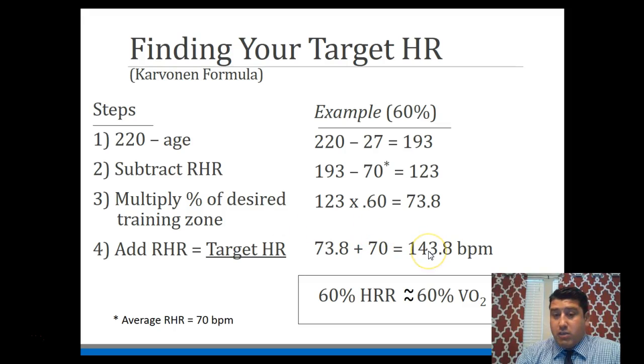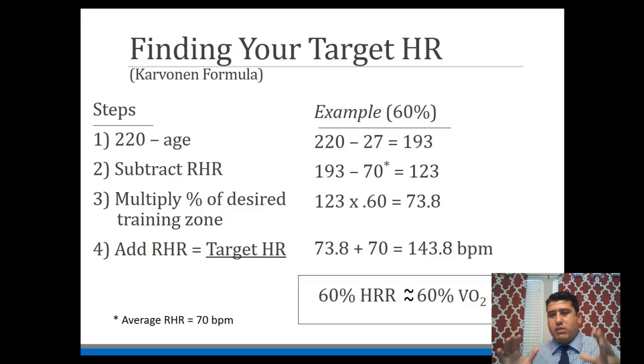Now, in order to determine the upper anchor of that range, you would redo the formula, but instead of multiplying 123 by 0.60, you would multiply 123 times 0.70. Okay, and in this case, the number would be like 83 or 84. Okay, and then you still have to add back the 70, and 84 plus 70, that's about 154 beats.